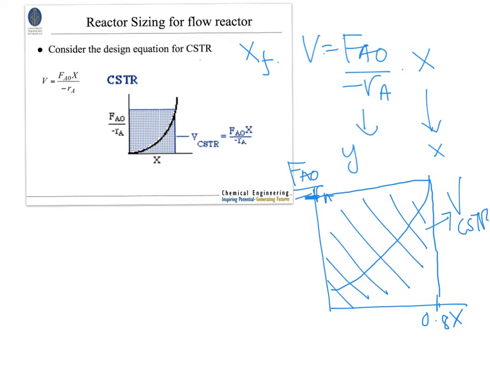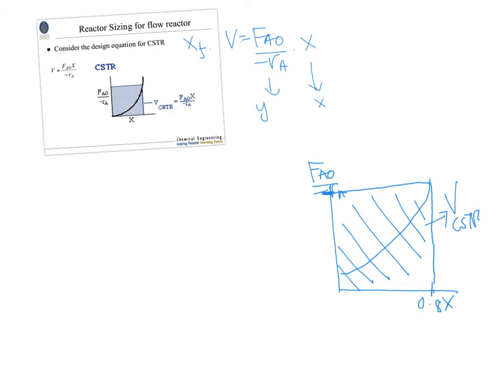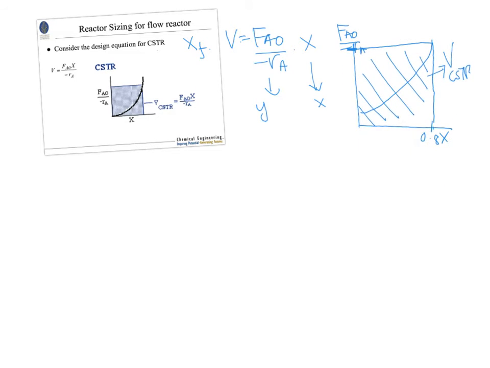Okay, let's say you have a different plot. This is your X, and this is the same FA0 over minus RA, and your plot is something like this maybe. Let's say the conversion is the same, 0.8.